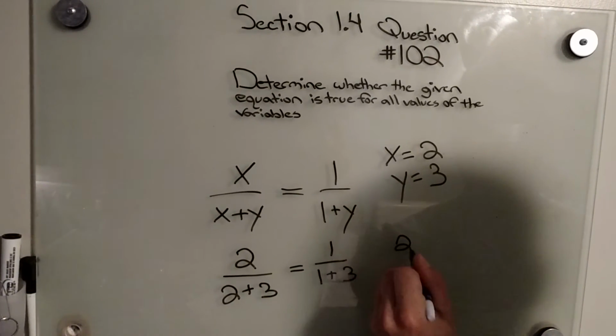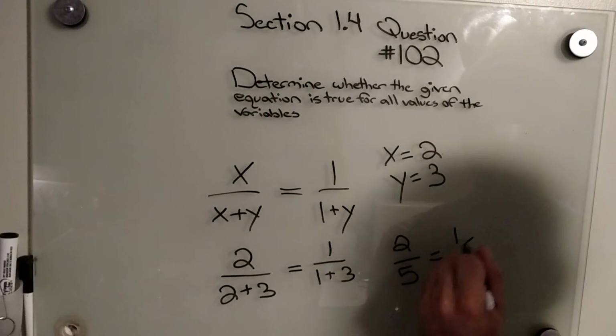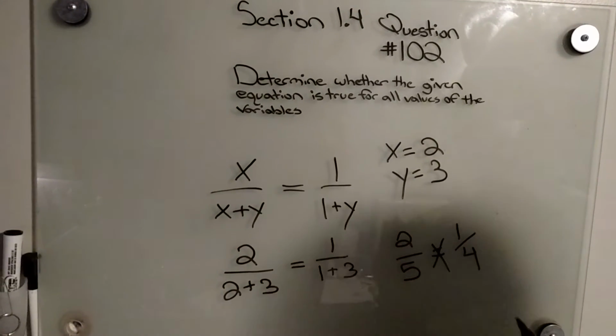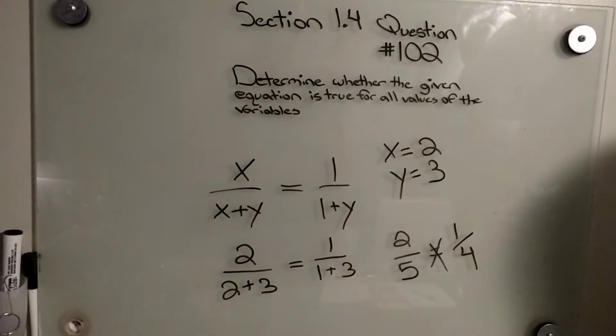This gives us 2 over 5 equal to 1 over 4, which is not true. And really the only value which would make this true would be if x was equal to 1.